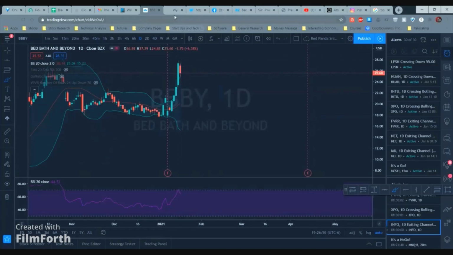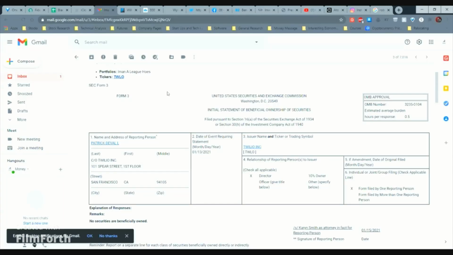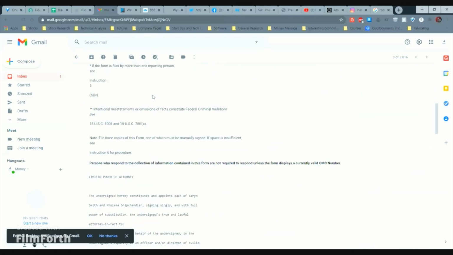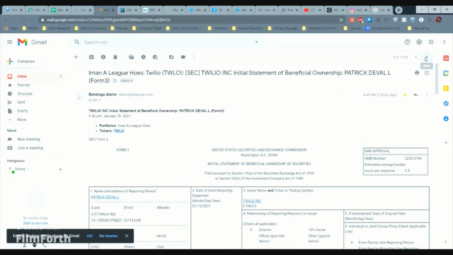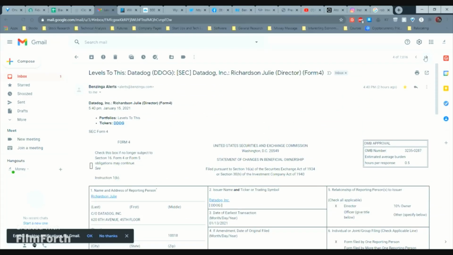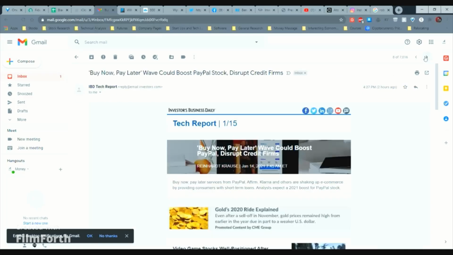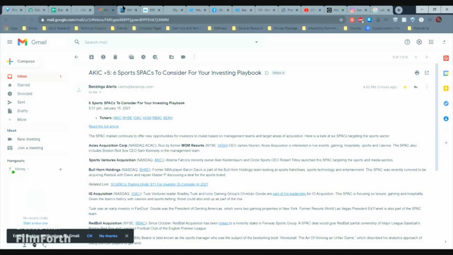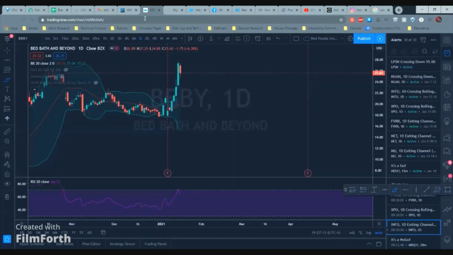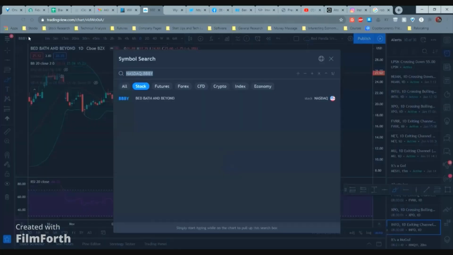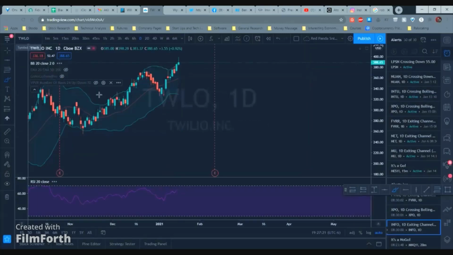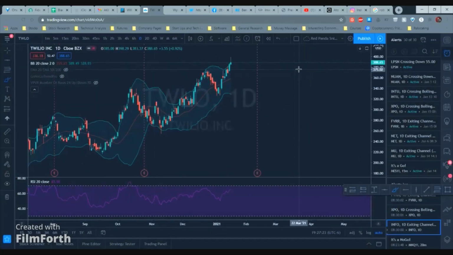Let me just look at correlation. So Twilio, let me just look at Twilio. Looked like there were a few orders. So if you ever pay attention to some of the institutions and you see a large amount of selling, where they're saying there's been a lot of filing for selling, you can actually see, because they can't just sell all these shares at one time.